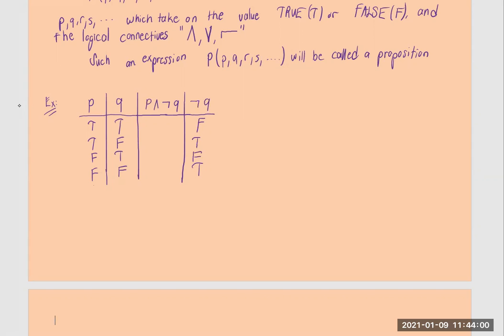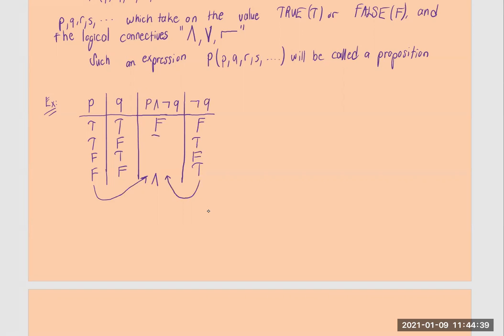Using those two, we can write the answer like the AND operation, right? It is a conjunction operation. So if both are true, then I will write true. Otherwise, I will write false.